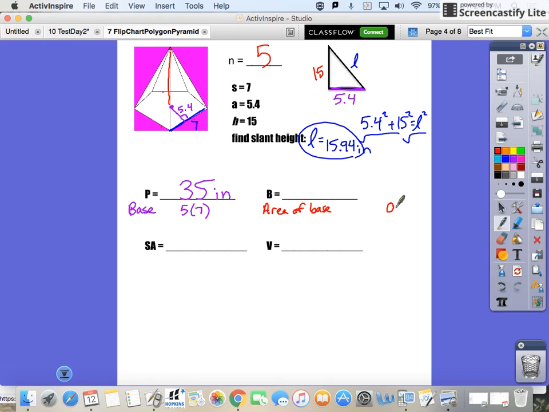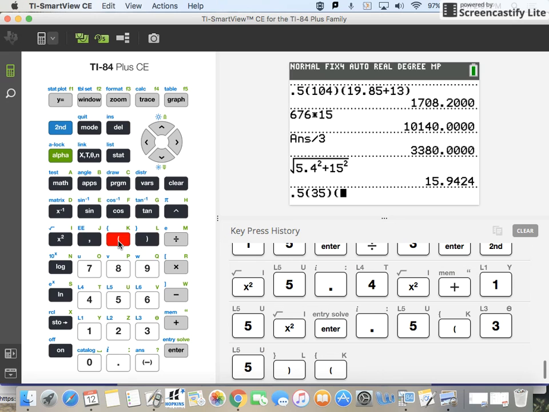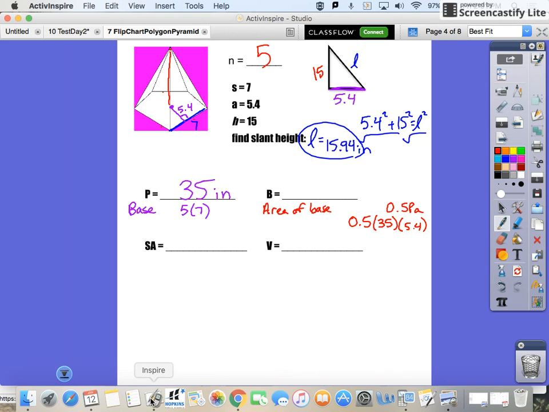We haven't used this in a while, but that's what we'd use. Half of 35 times the apothem, 5.4. So 0.5 times 35 times 5.4 is 94.5. And since this is area, we need 94.5 inches squared.